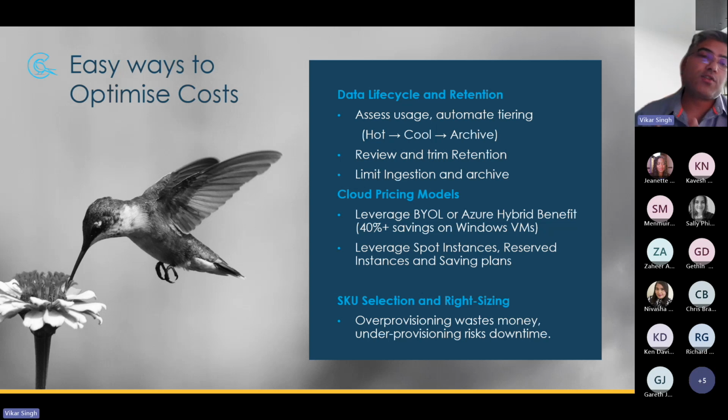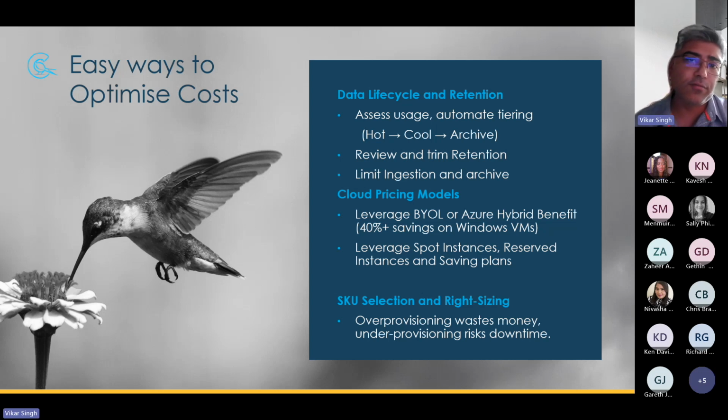So, just some easy ways to optimize costs. Again, these are more best practices and things that we should be looking at. Let's start with some really easy wins, ways to cut costs fast without breaking a sweat, right? If we look at our data, licensing, and sizing, that's where most of the magic happens. It requires very low effort and has really big returns.